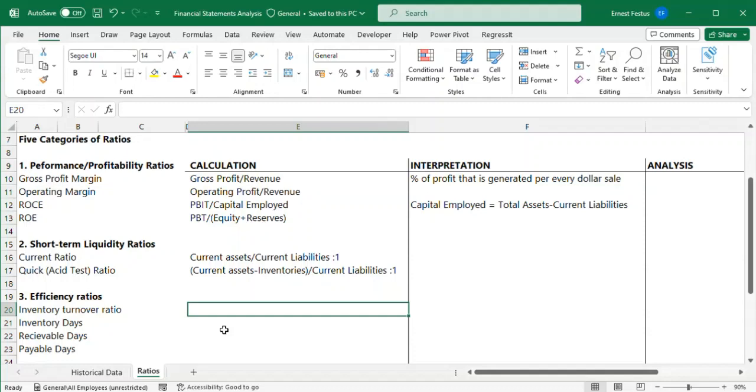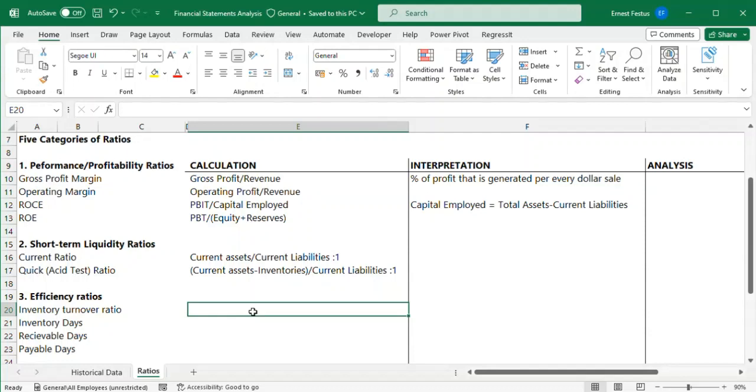Okay. So the first efficiency ratio we want to look at here is the inventory turnover ratio. Now the inventory turnover ratio is calculated as the number of times inventory is turned over each year.